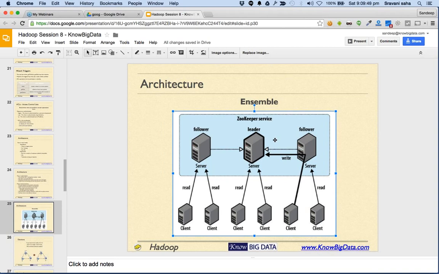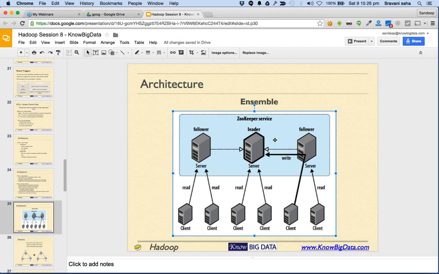Those followers will accept the change, and as soon as the leader gets a confirmation from a majority of the nodes, including the leader itself, it will give the confirmation to the client that your changes are safe with us. You can be assured. That's how it happens. So write is also majority based. It's not all the nodes.